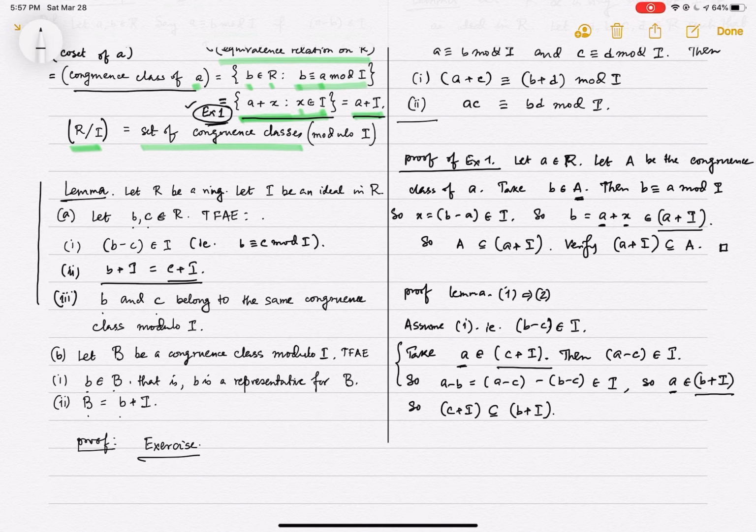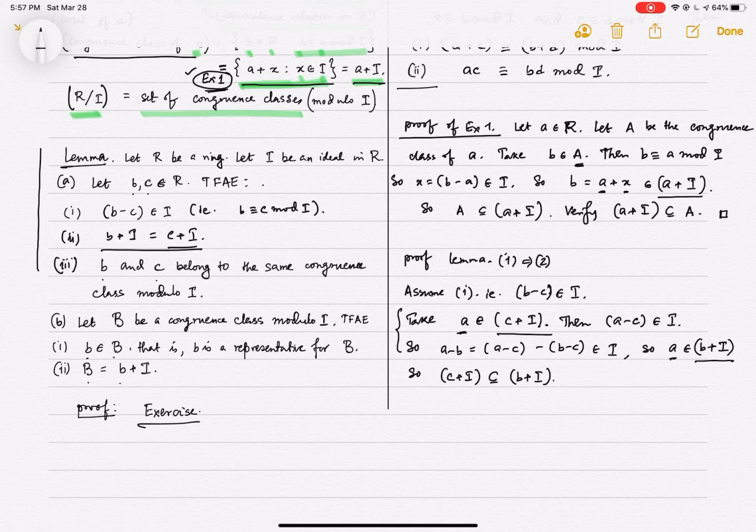Now notice that this just used the fact that b minus c was in I. But if b minus c is in I, then c minus b, which is the negative of b minus c, is also in I, because I is a subring after all.